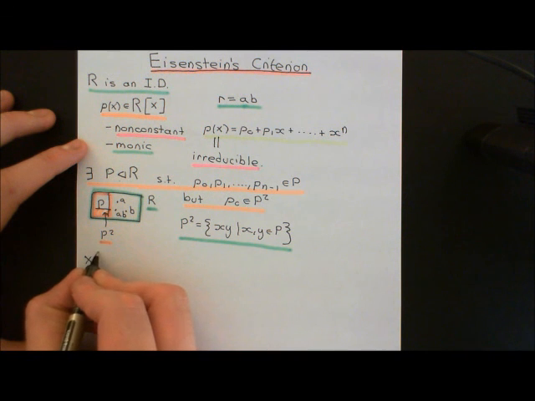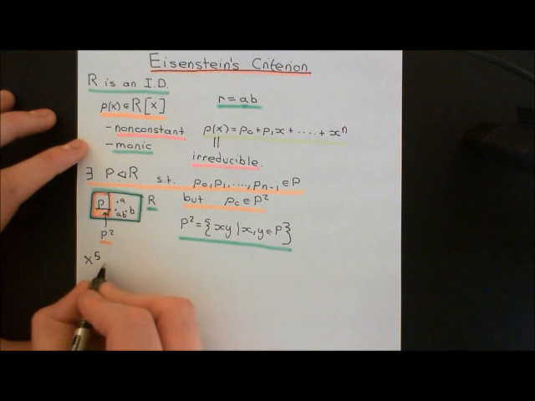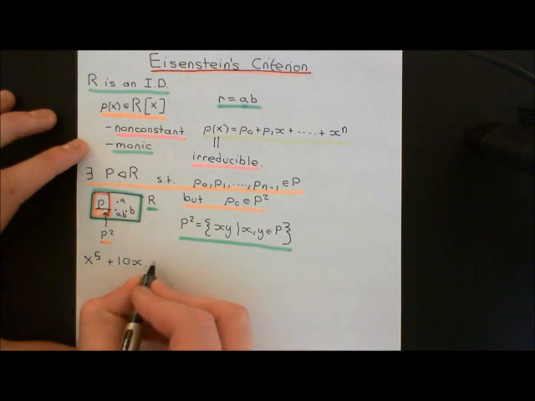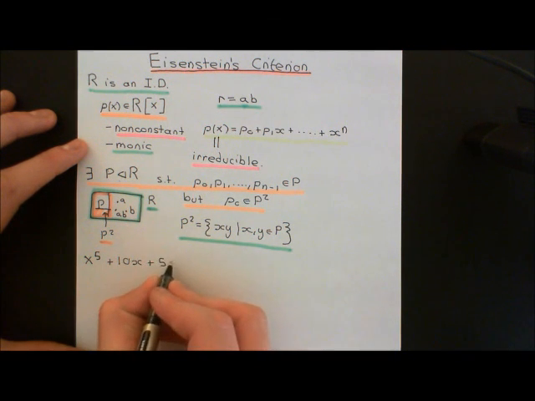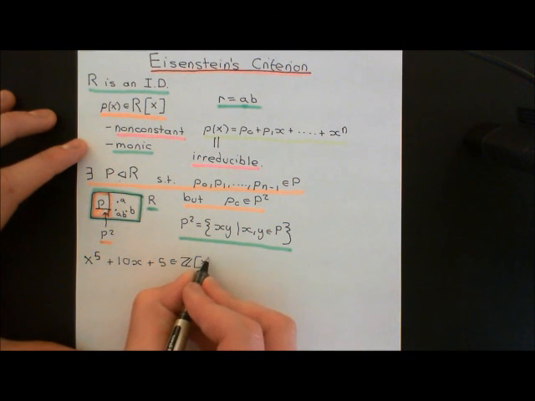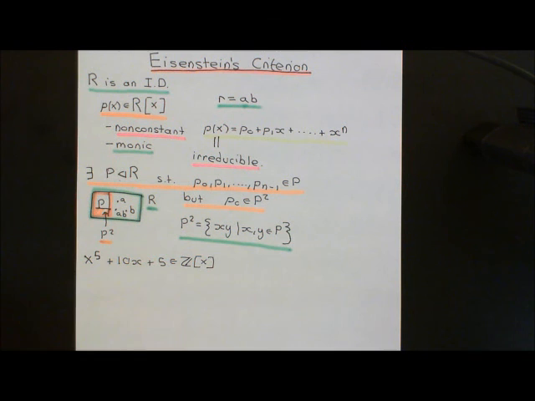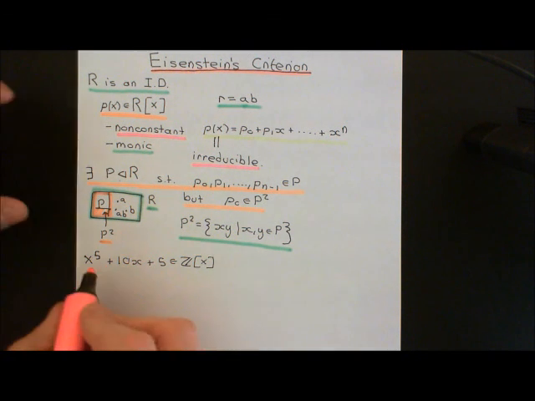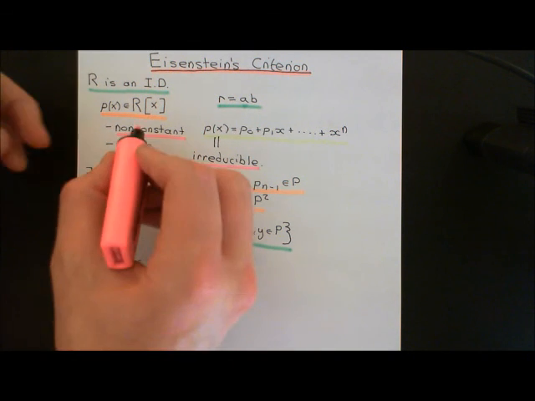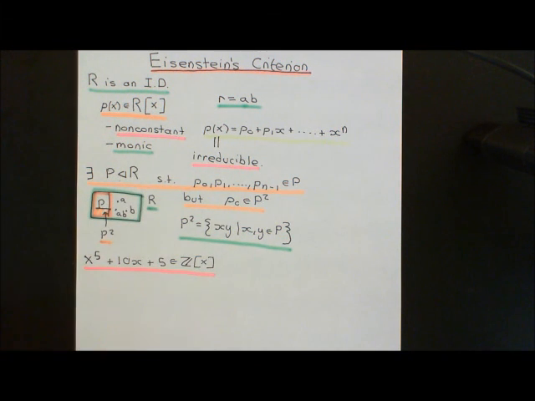So I need a non-constant monic polynomial, so I have x to the 5 here, and then we'll just make it simple. So we'll have plus 10x plus 5 here, and it is in the ring of polynomials over the integers. So I hope you agree that that is an element of the ring of polynomials over the integers. The coefficients here are certainly all integers. It is a non-constant polynomial and it is a monic polynomial.